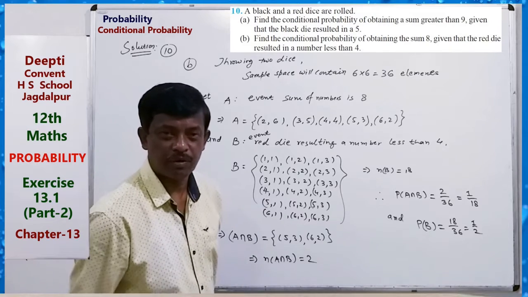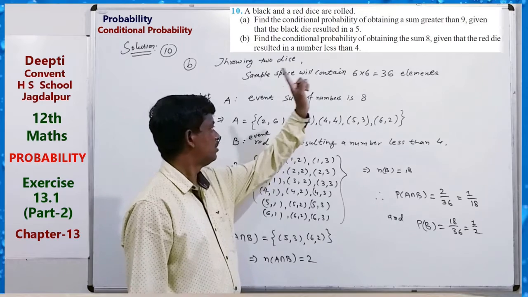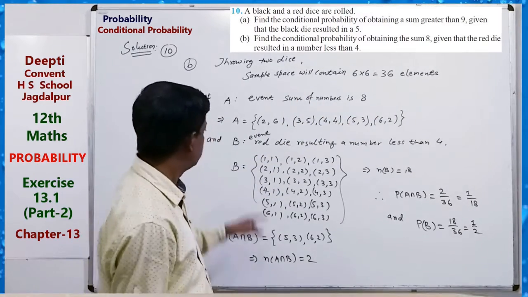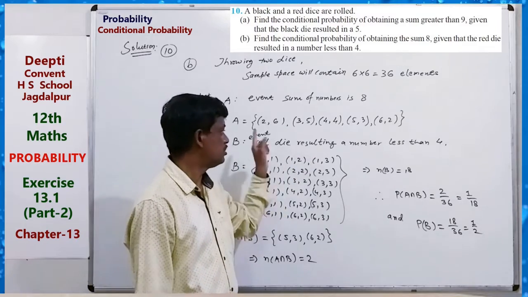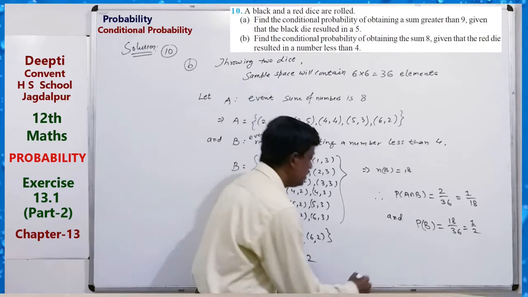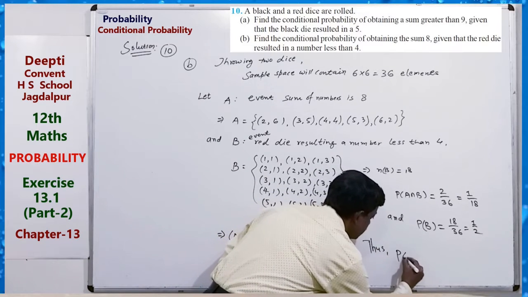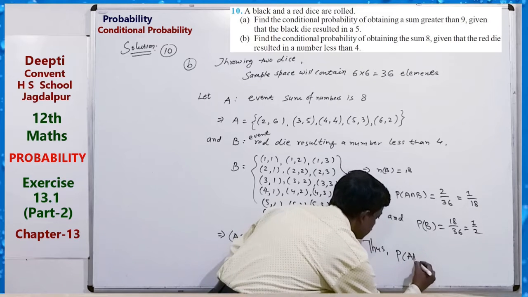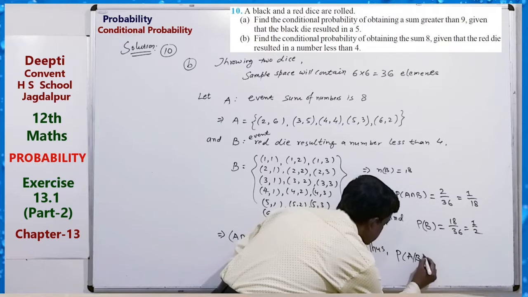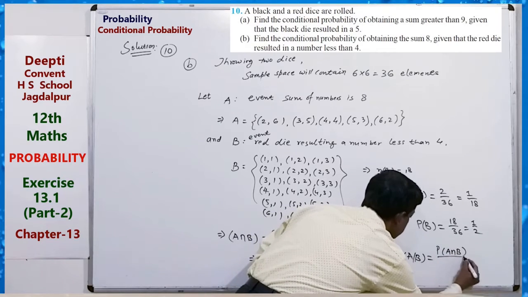Thus, the conditional probability of getting the sum as 8, given that the second die, the red one, will show a number less than 4, is given by P(A|B). P(A|B) is equal to P(A intersection B) upon P(B).